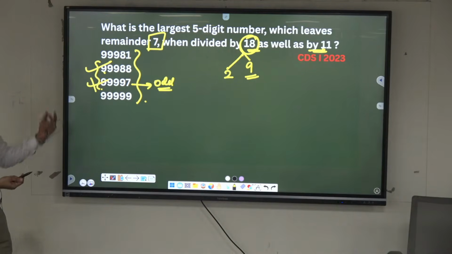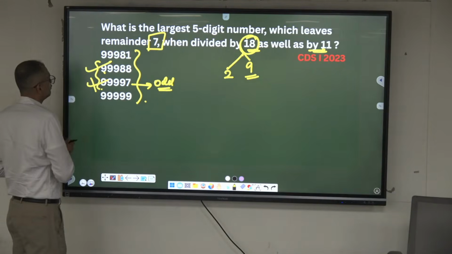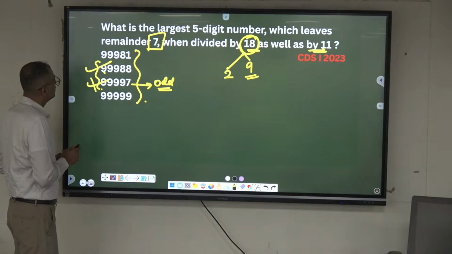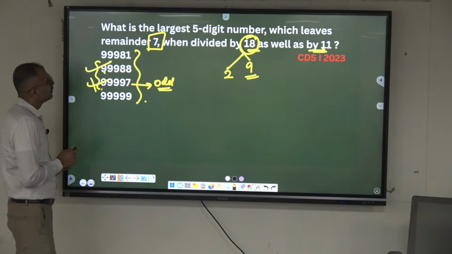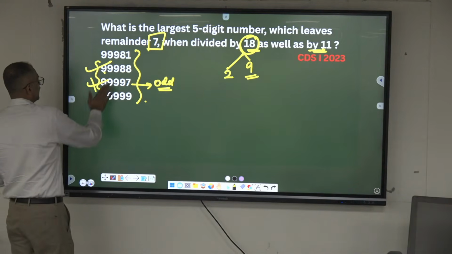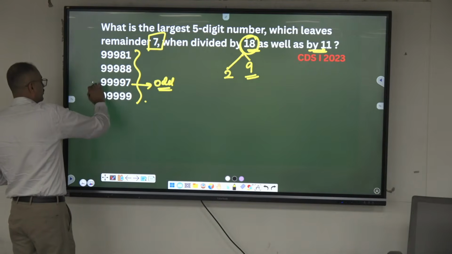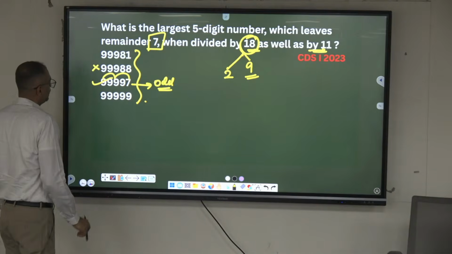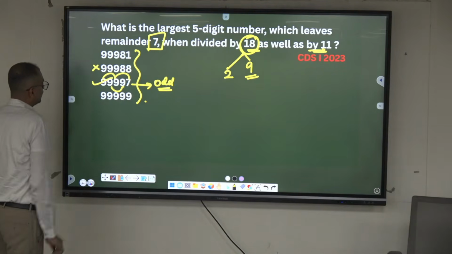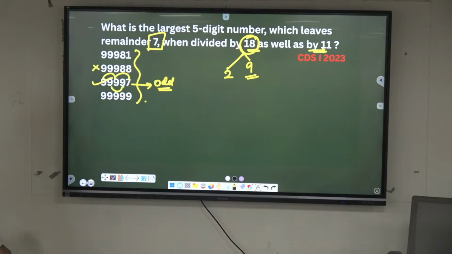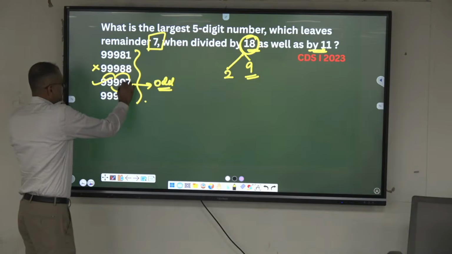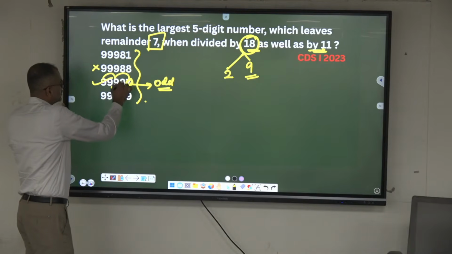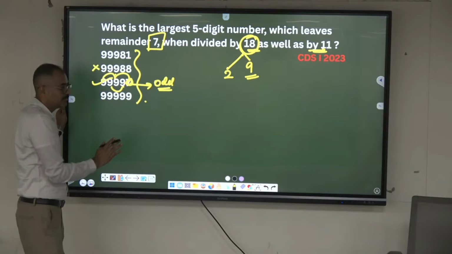The 11 rule is there, correct? We can apply the 11 rule. Is the answer C or B? Remainder 7 has to come, so it has to be an odd number. Okay, or else the 9 rule, 9 plus 7, 25. 25 minus 18. I should take 900, right? 990, 999, 18, 999, 18, divisible by 11.